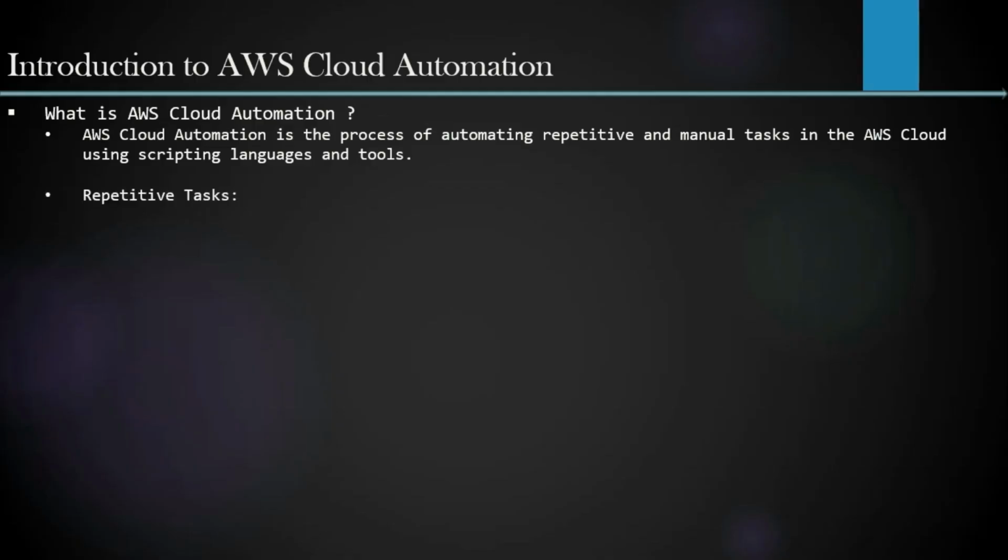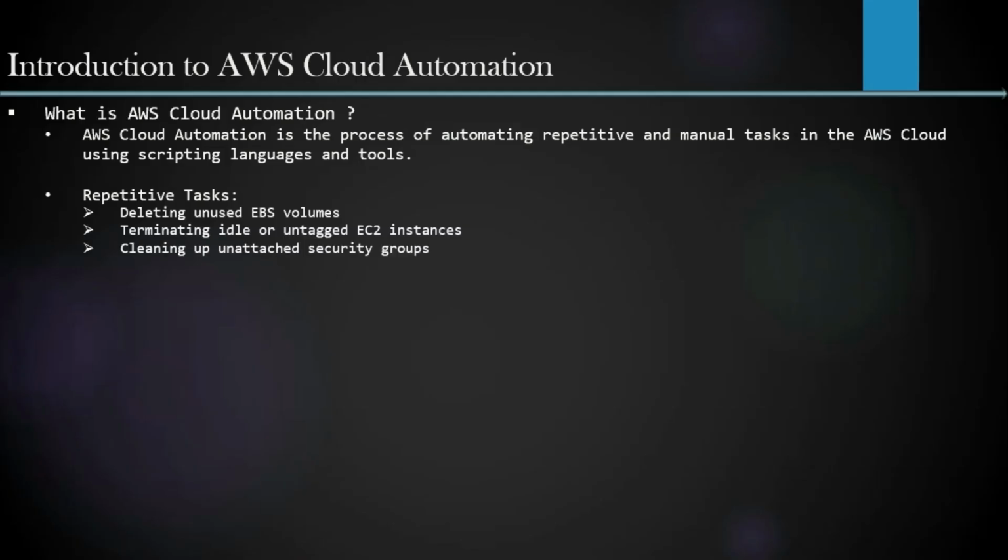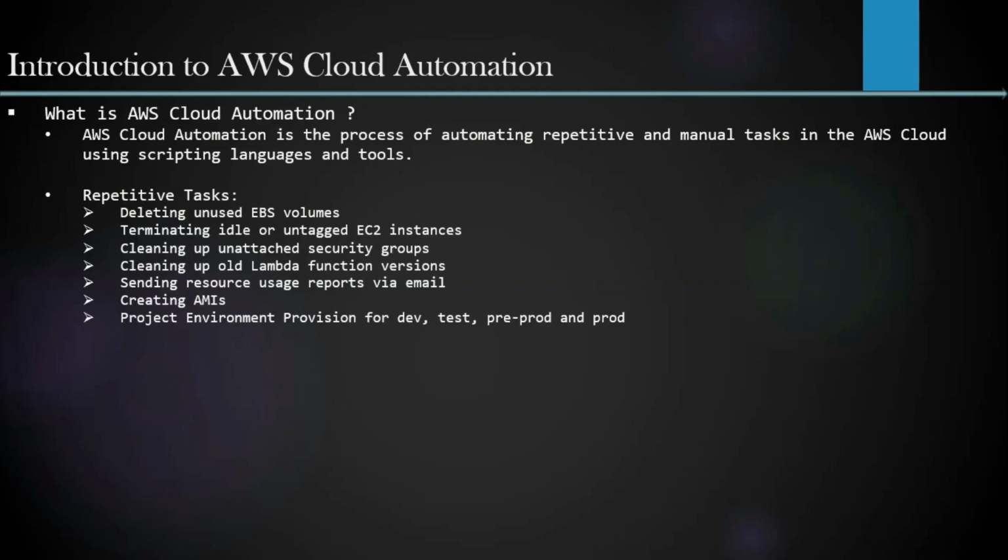Some repetitive tasks are deleting unused EBS volumes, terminating idle or untagged EC2 instances, cleaning up unattached security groups, cleaning up old Lambda function versions, sending resource usage reports via email, creating AMIs, project environment provision for dev, test, pre-prod and prod, setting up identical environments across multiple projects, deploying packages and configuring servers. These are some of the repetitive tasks.